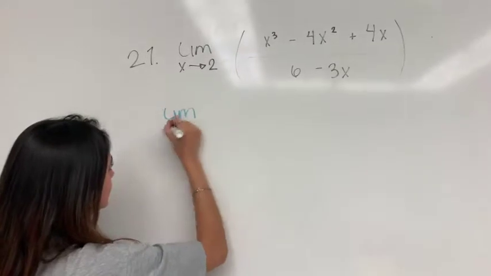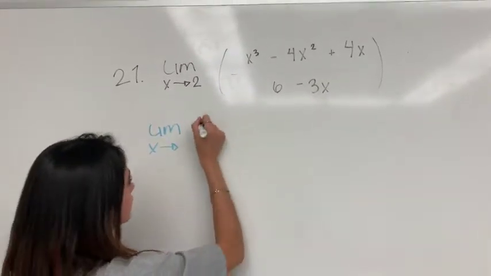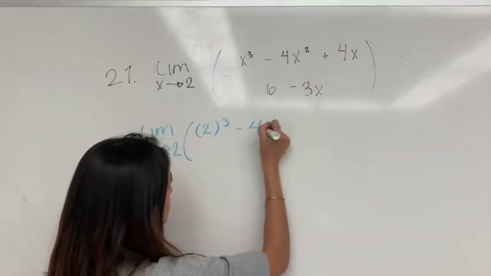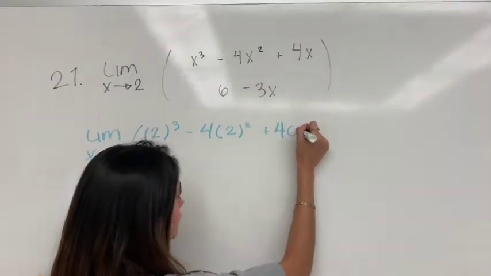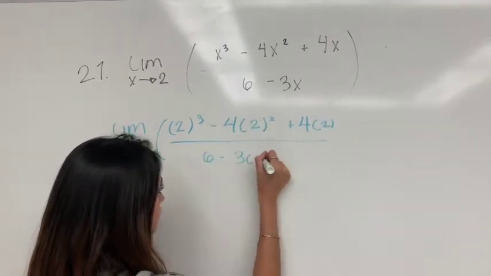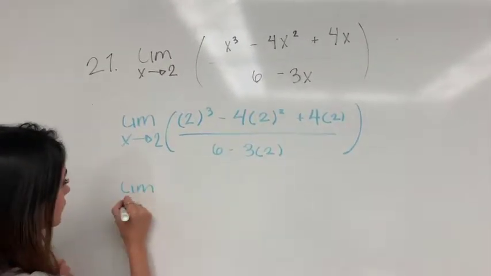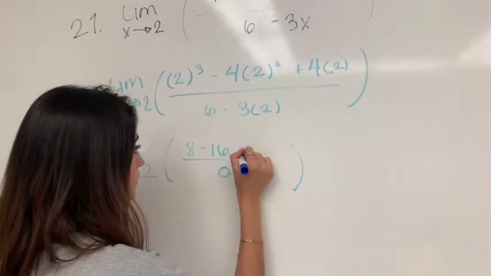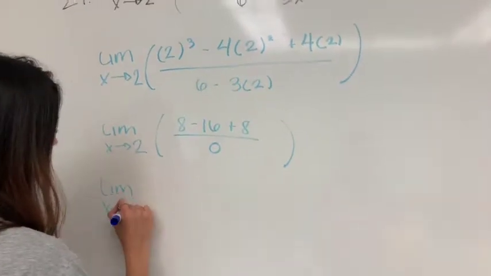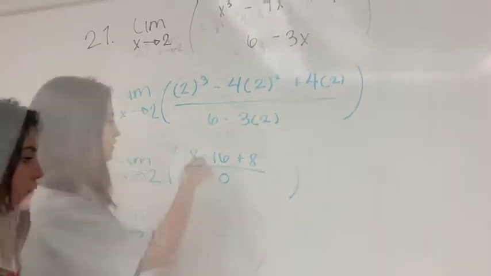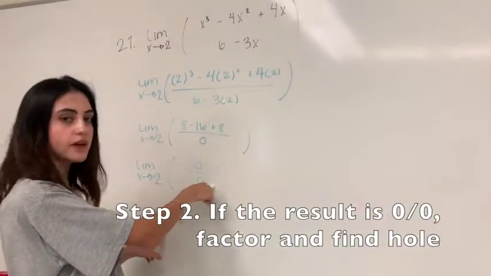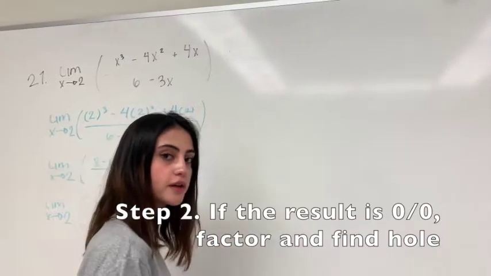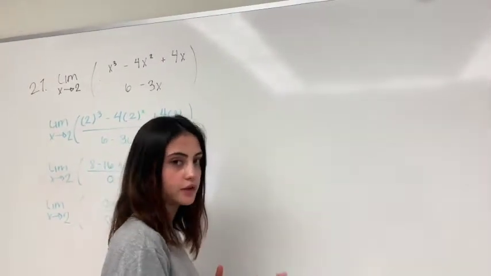So the limit as x approaches 2 will be... since our solution was 0 over 0, that means that we have a hole, and we're going to have to factor to figure out where the hole is and continue plugging in with the x value that we are given.